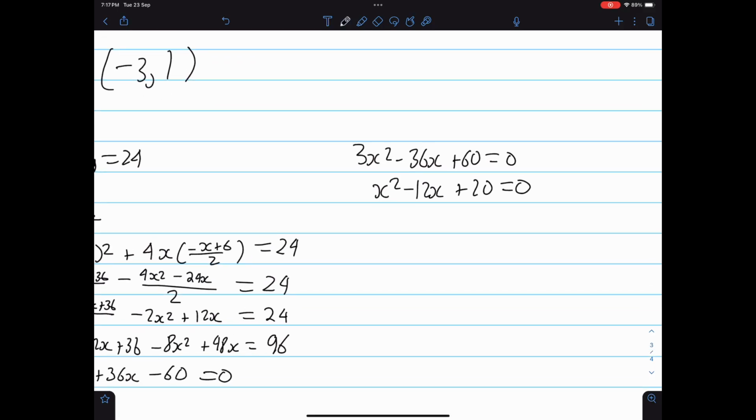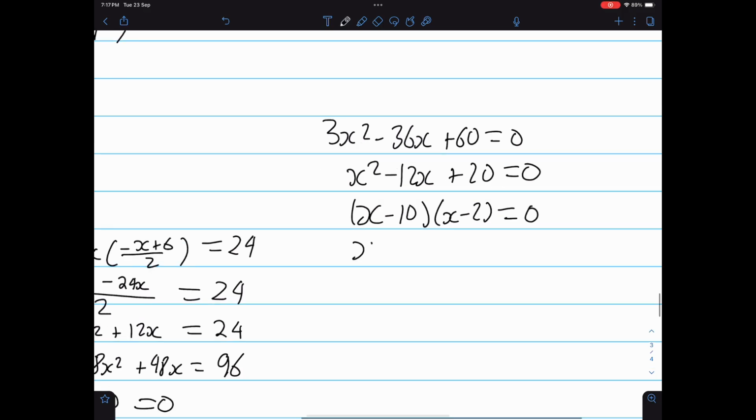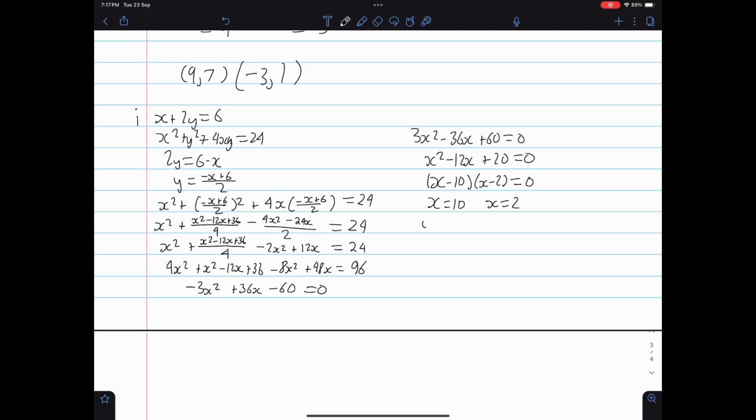Right, so we've gotten to this point and it looks like it factorises. And I think I may have gotten away with all that and have generated the correct solutions. And remember, we're just substituting it back in here to get the y's. So then we have 2 and 10 minus 2.